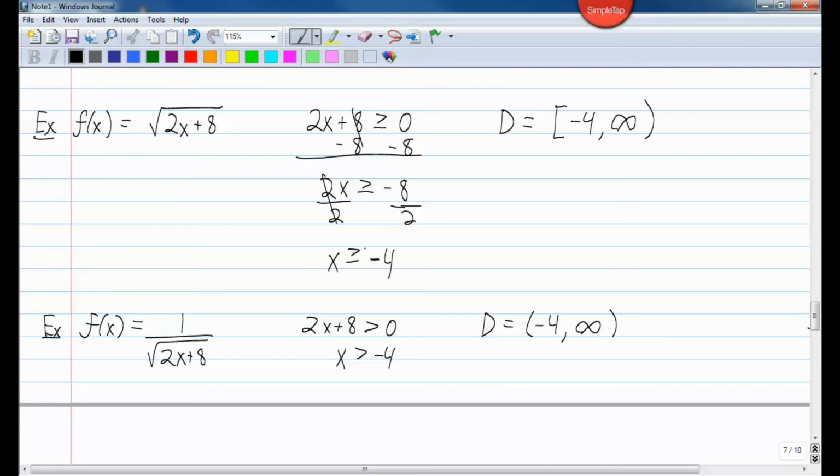Well, if this would have been a negative 2 and I would have had to divide by negative 2, when you divide by a negative with an inequality, you have to flip the sign. So you would flip this around. Let me work an example out where you have to divide by a negative to solve for the inequality, so you'll have one of those in your notes.